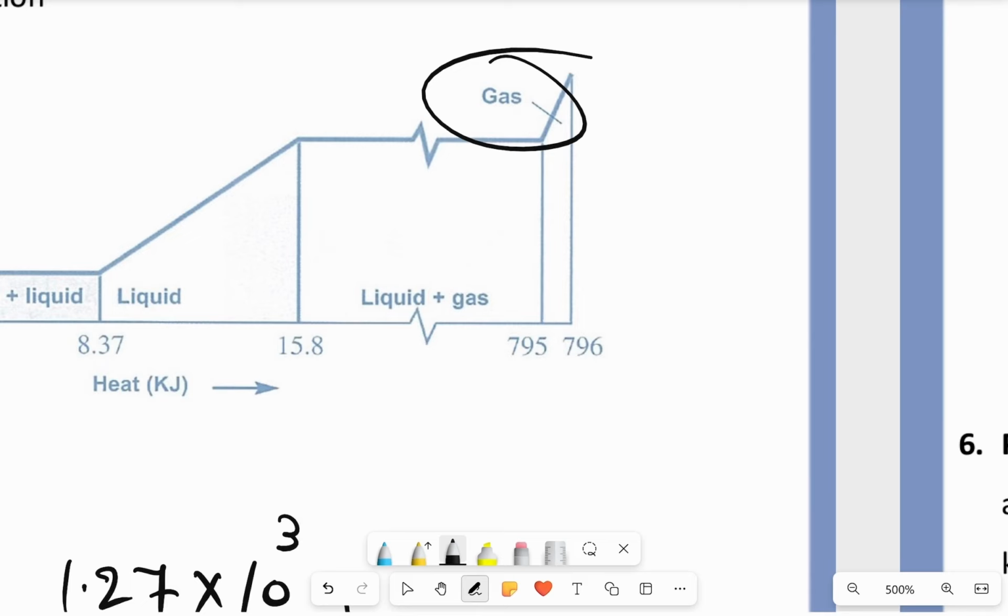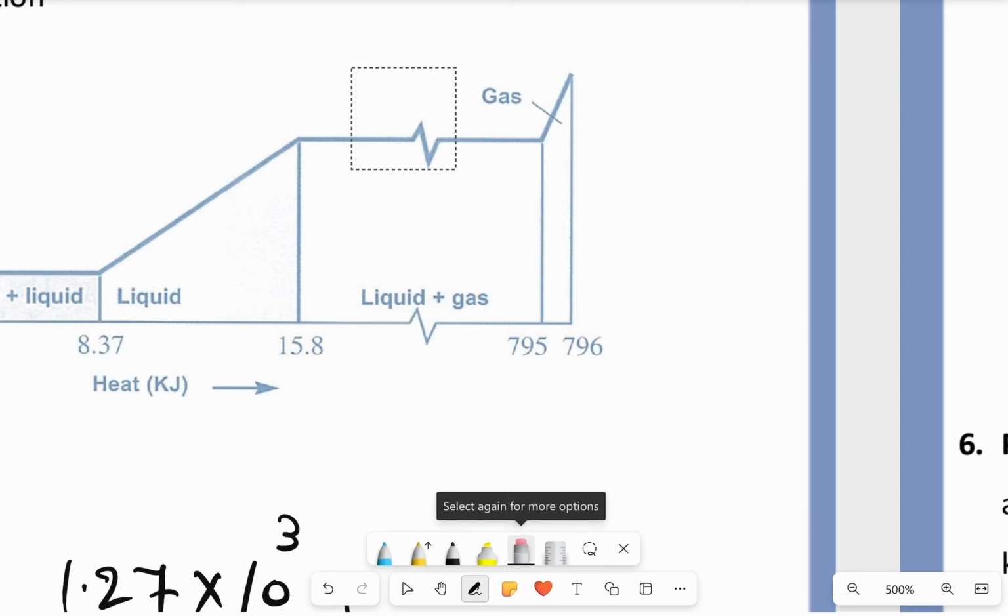In this graph, whenever it says the specific heat capacity of vapor or of solid, it's talking about specific heat capacity. For specific heat capacity, we need temperature. But for latent heat of vaporization and latent heat of fusion, we do not need the temperature.